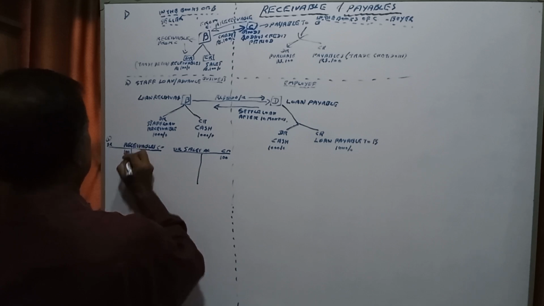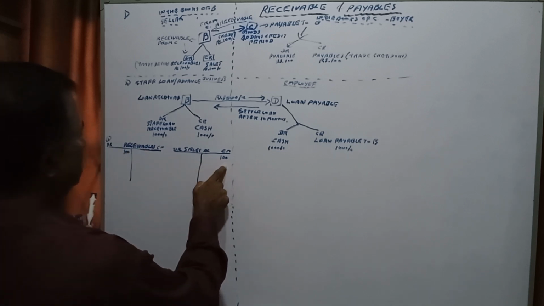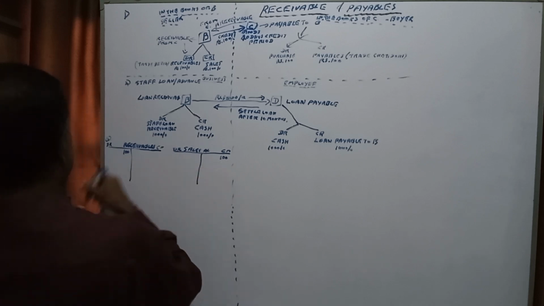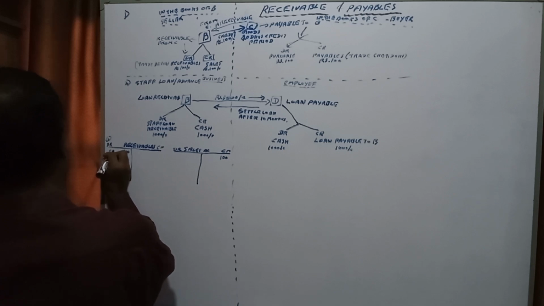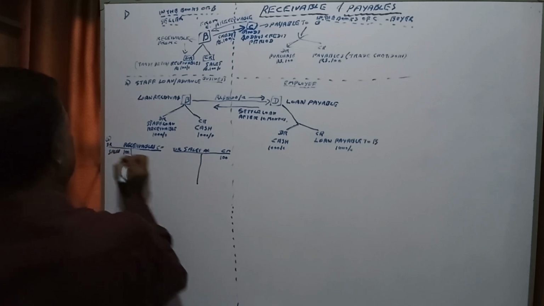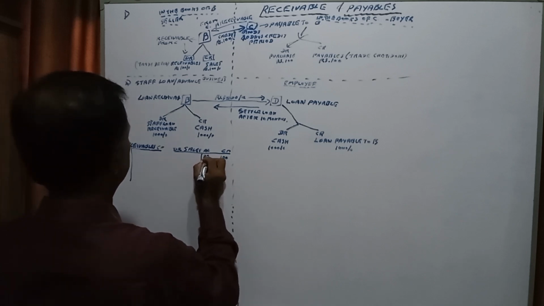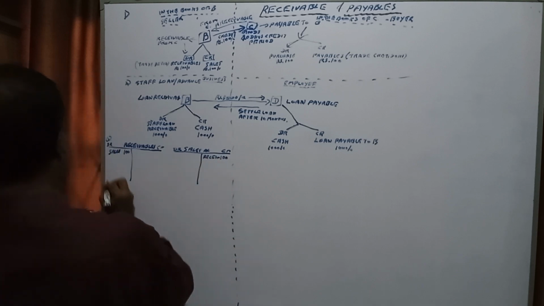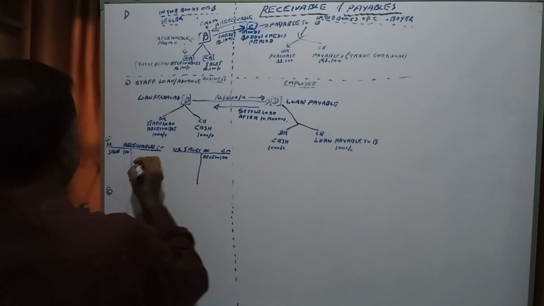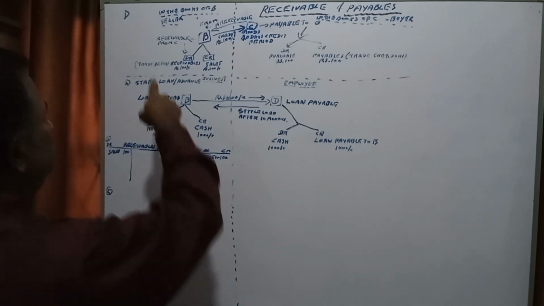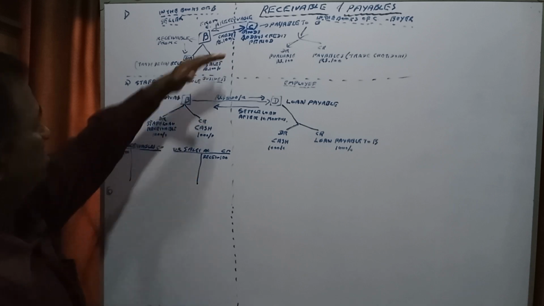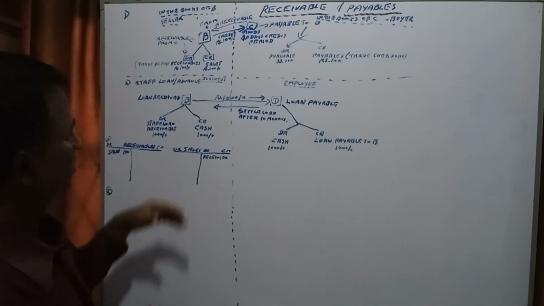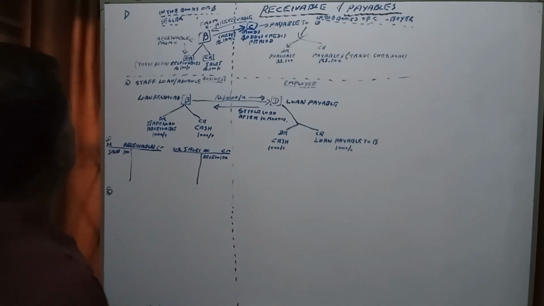Sales is credited, receivables debited. Here you will give sales, here you will get receivables. This is the double entry for the sales that took place of 100: receivables account debit, sales account credit, right?